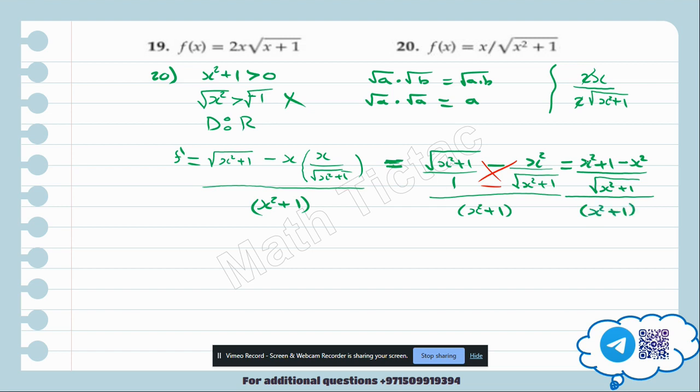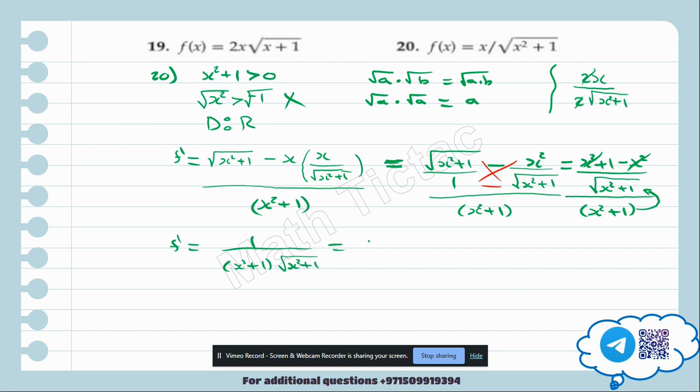Now this x squared with minus x squared is eliminated, and we can take this 1 upward over here. So at the end I have f prime equal to 1 over x squared plus 1 multiplied by the square root of x squared plus 1.